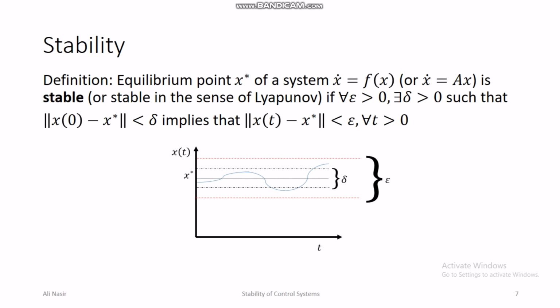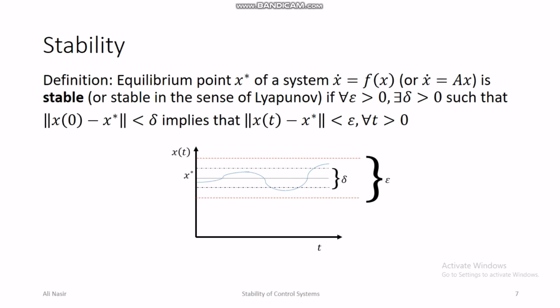So the situation that you can see in the diagram should hold for any possible width of delta and any possible width epsilon. For any possible width epsilon, no matter how small it is, there should be some corresponding delta, such that if you start within delta distance from the equilibrium point x star, then you are guaranteed to stay within epsilon distance from x star. So for all epsilon there exists some delta.